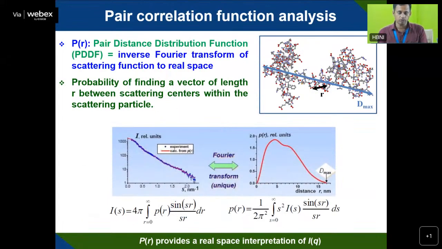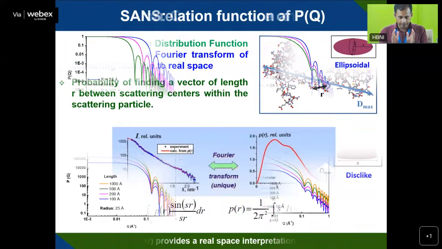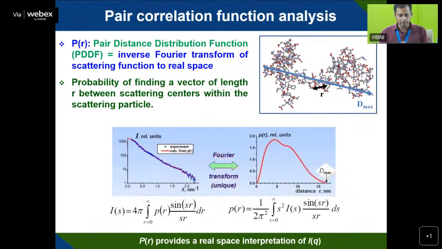Another piece of information you get from small angle neutron scattering is the pair correlation function analysis. So far, what I told was that you can get shape information, and in addition you can also get a pair correlation function, called the PDDF, pair distance distribution function. That is P(r).